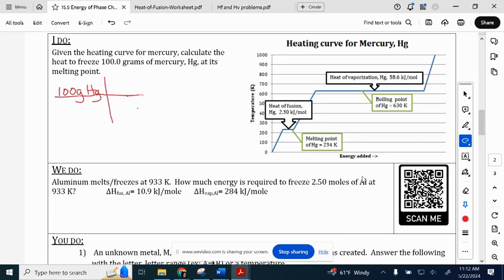So I've got to get grams into moles. And I know for every 1 mole, I have 200.6 grams of mercury.